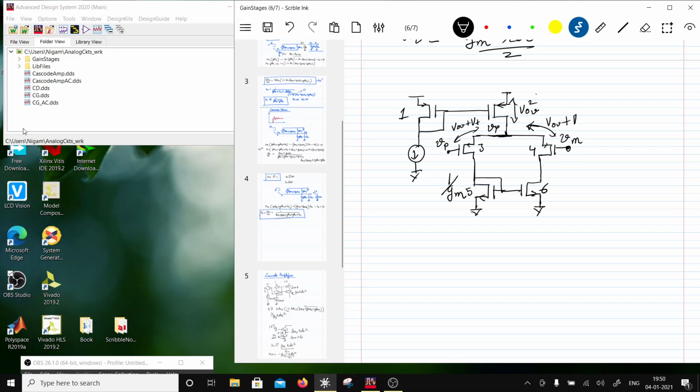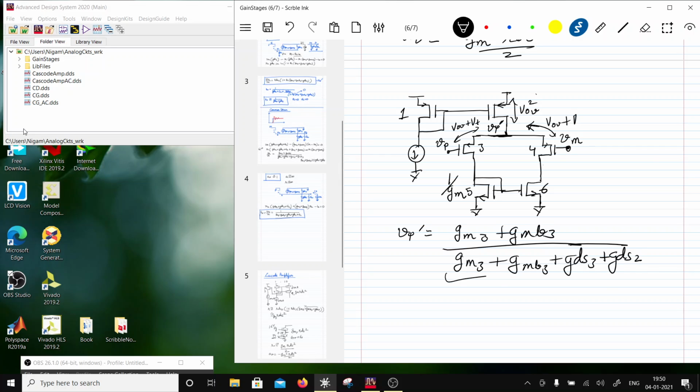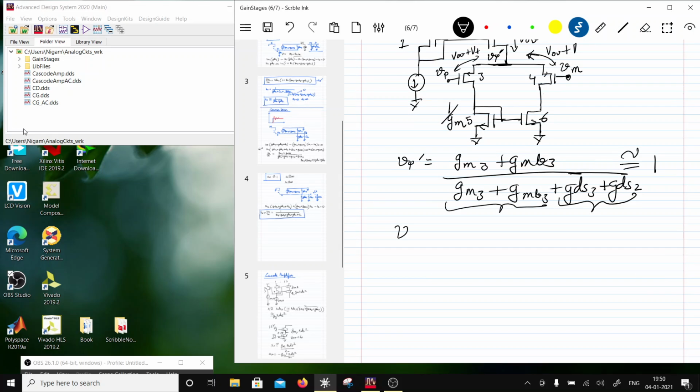So the output VP dash would be equal to (gm3 plus gmb3) divided by (gm3 plus gmb3 plus gds3 plus gds2), times VP. Now let's assume that the numerator is much greater than the gds terms. Then this gain would be approximately 1, so VP dash would be equal to VP, because the gain is 1.